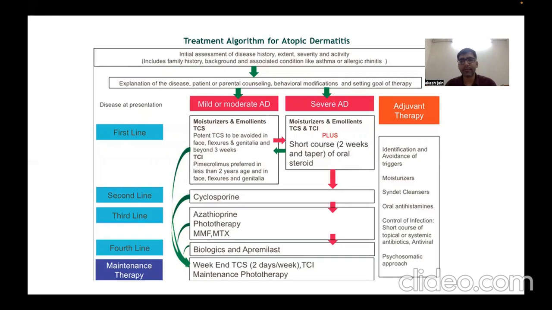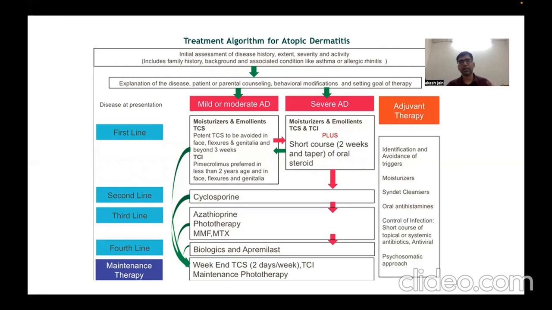So this is a treatment algorithm for atopic dermatitis. So initially we have to assess the disease history, extent, severity, and the activity of atopic dermatitis, which includes family history, background, and associated conditions like asthma or allergic rhinitis.